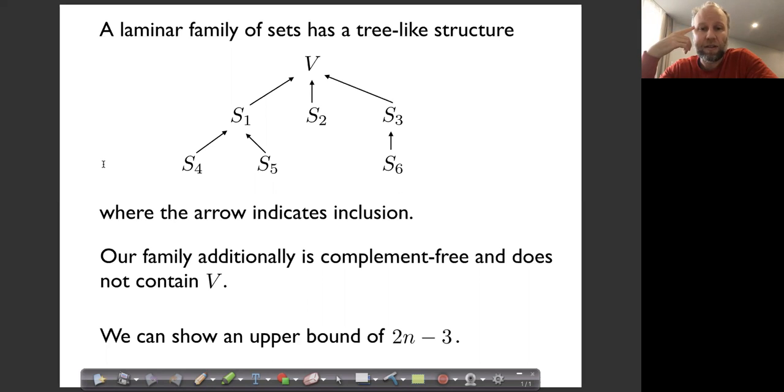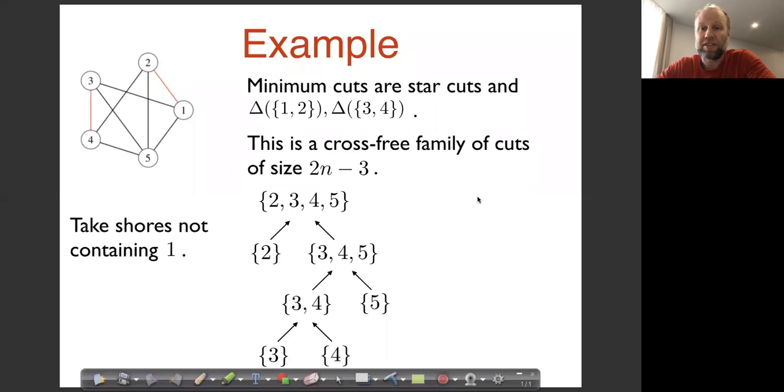And also, we don't have the whole universe, right? Because the whole universe doesn't define a cut for us. So once you have these two additional properties, you can basically knock the upper bound down by 2. So you can show that a laminar family that's complement free and doesn't contain the whole universe is always of size at most 2n minus 3. Okay, and you can actually achieve that bound.